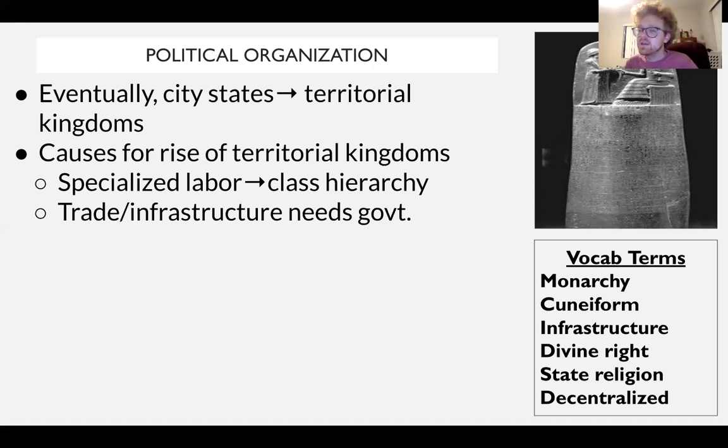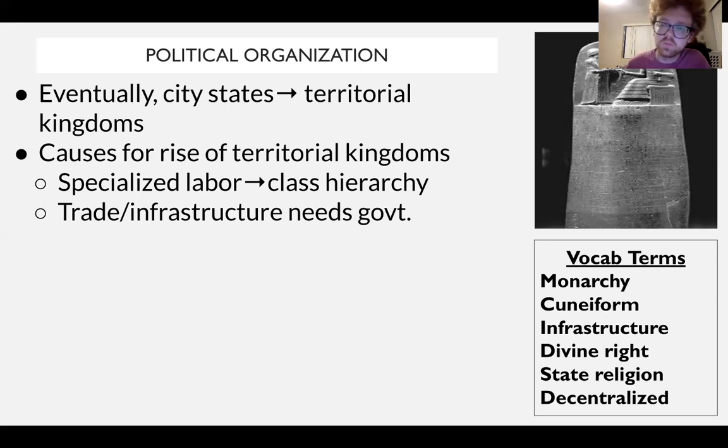But there's also the material need for an organized system to maintain stuff that keeps people happy. In order for us to get the natural resources we need, we need to have roads, we need to have infrastructure. But we need to have these roads be safe. We need a military. But who's going to be in charge of organizing these things?